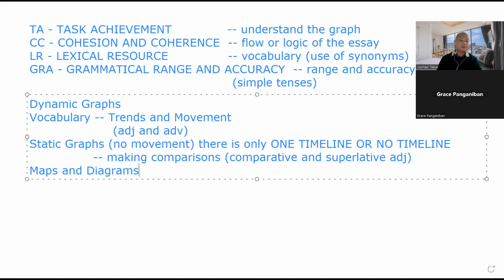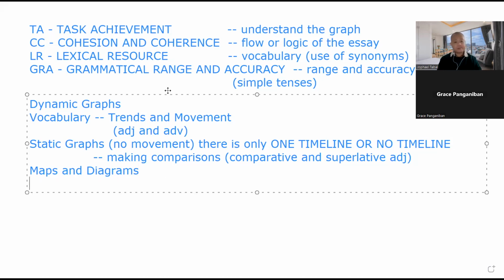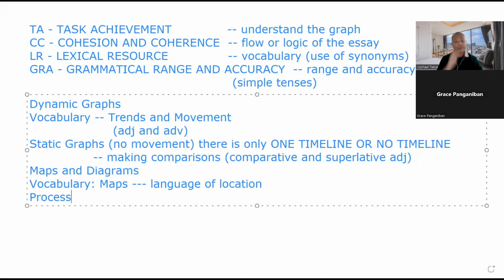And for maps and diagrams, there are also certain vocabs to be used. For maps, the vocab that the student has to master is the language of location. For process diagrams, there are two kinds: natural and man-made.